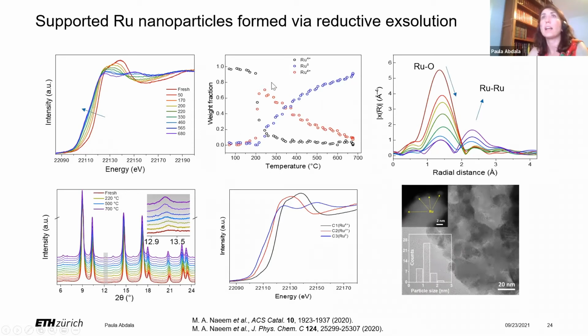We don't know exactly what the oxidation state of this material is, but it's an intermediate state. After this state, there is the formation of metallic ruthenium around 300 degrees already, which grows in intensity up to 700 degrees.